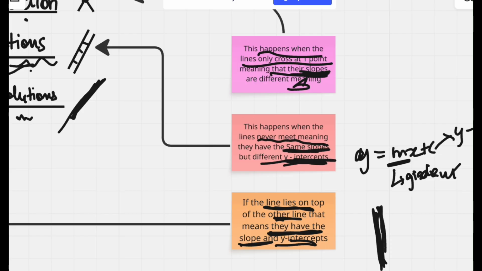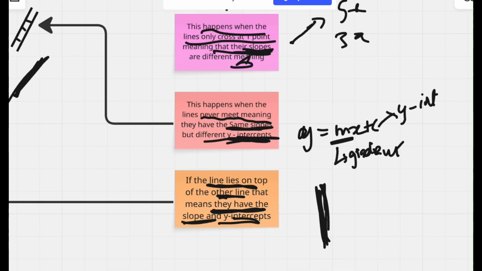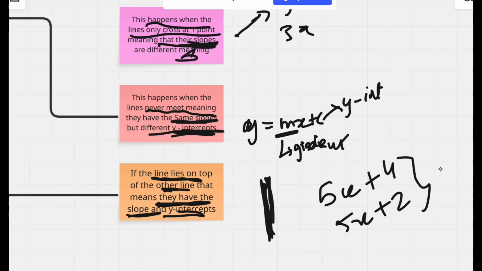If the slopes are different, like 5x and 3x, that means that there's only one solution. But when we have the same slopes but different y-intercepts, so let's say 5x plus 4 and 5x plus, I don't know, 2, that means that we have no solutions.